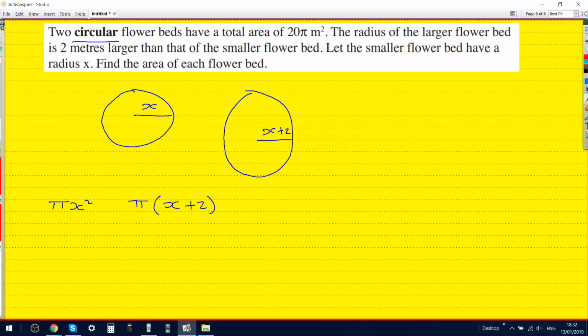Yeah. And I put the x plus 2 in brackets. That's it. Okay. And so, you know how the total area would be those two added? Yeah. So those two added, and what would they give you in terms of like the number?